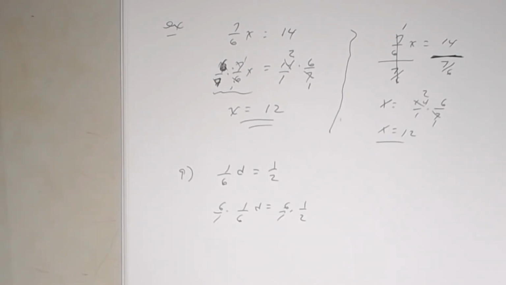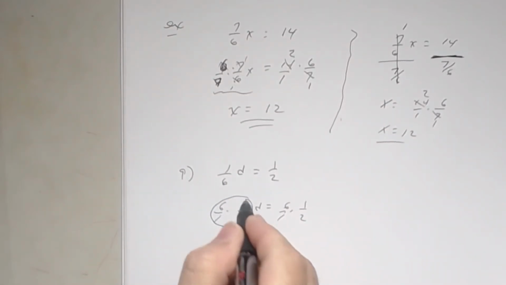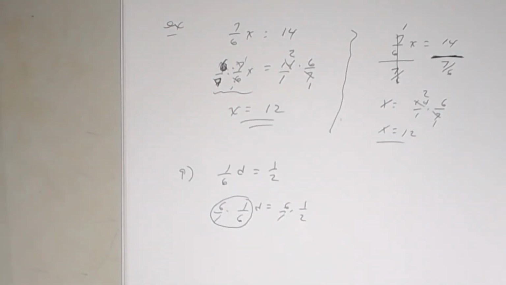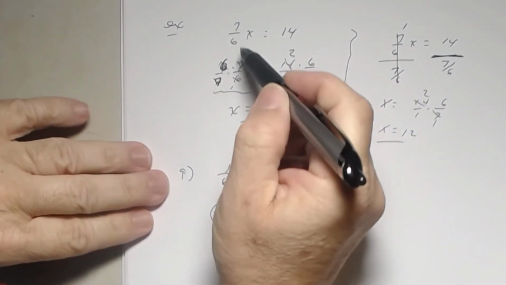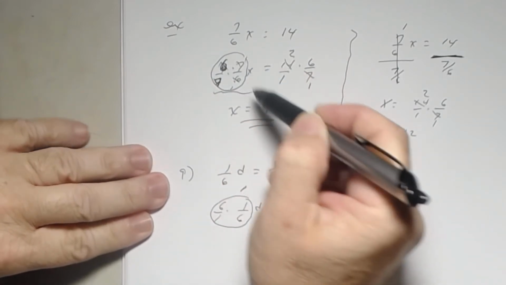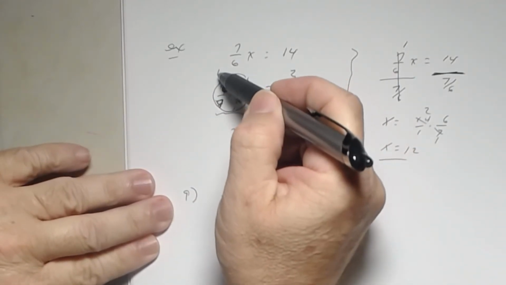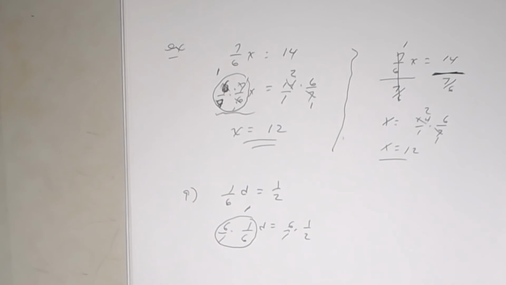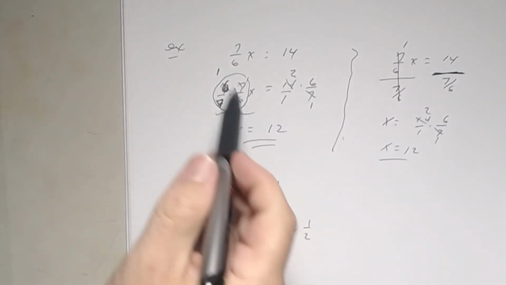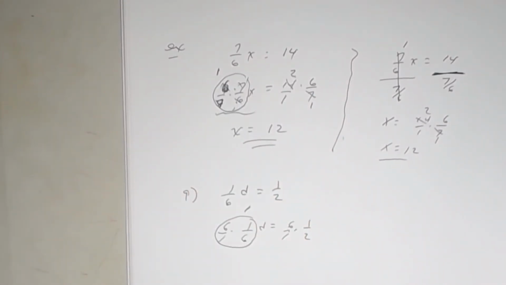Does not matter. But what you need to know is that this thing I have circled right here, that product better give you what number? 1. And it does, because 6 divided by 6 is 1. So that's why you get an x, because 1 times x is x.